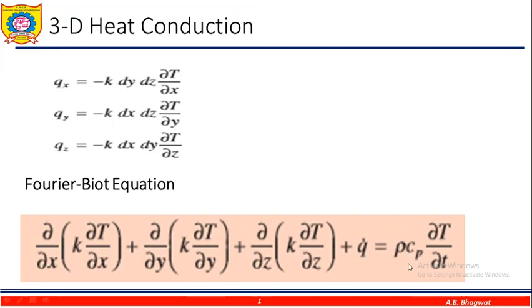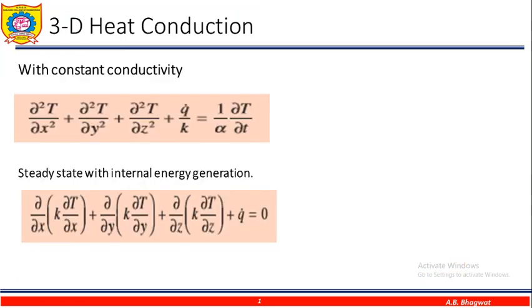This is thermal conductivity divided by rho Cp. Rho Cp is the thermal storage capacity of that particular substance. Okay. So the ratio of this is called alpha. It is called thermal diffusivity. We will see the detailed description of this thermal diffusivity term in the next lecture. So with constant conductivity, this equation we get.